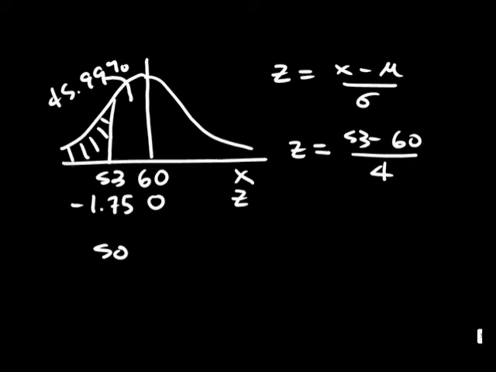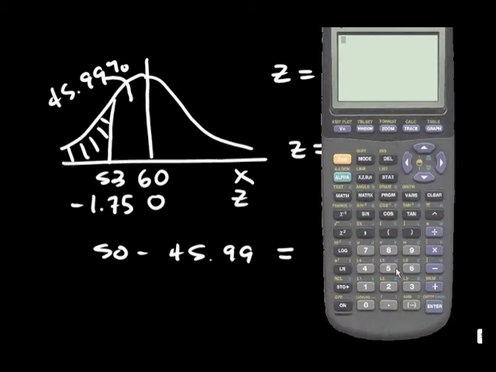Taking 50 and subtracting the 45.99 will give us the answer. And we know that 4.01% of the bell is shaded.